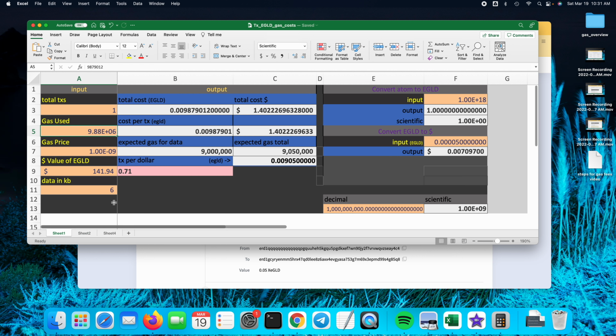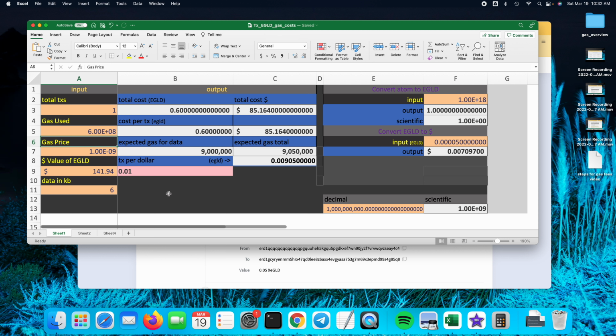Well, you may want to consider that on anything outside of DevNet. Because that comes out to, at only $141 per EGLD, $85.